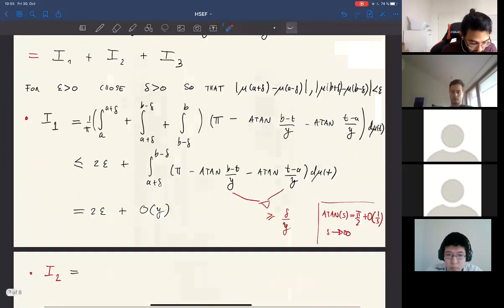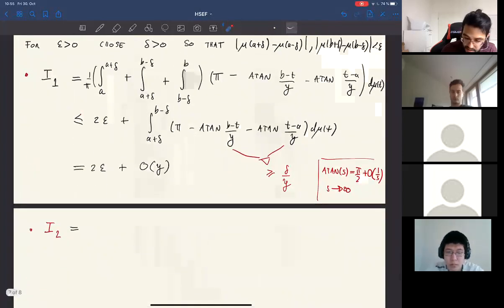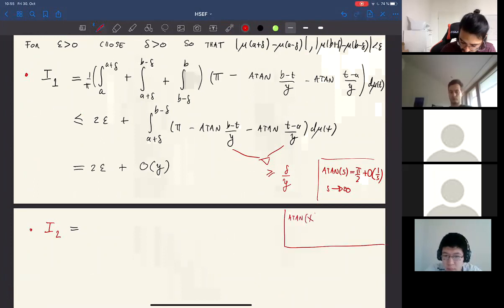So that would be good. The identity I'm going to use is this one: arctan of x plus arctan of y is actually arctan of x plus y divided by 1 minus xy.